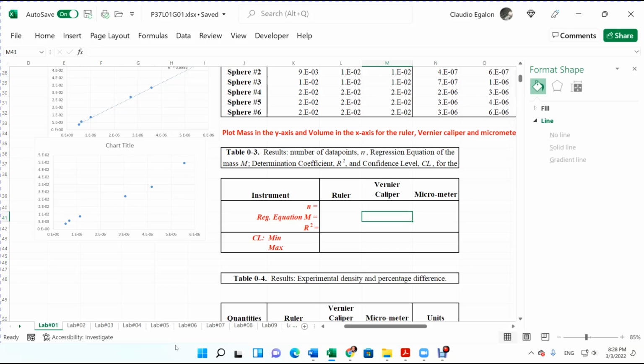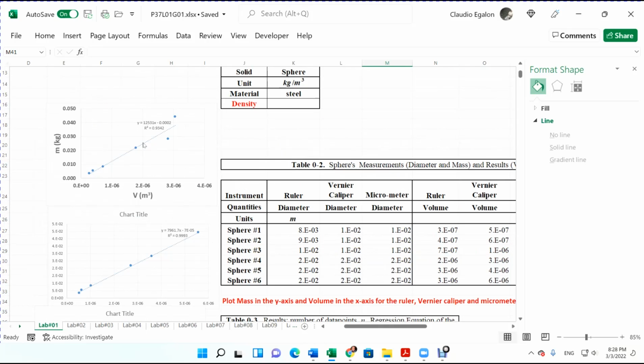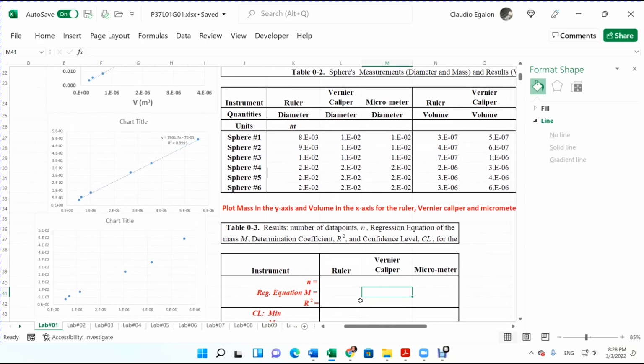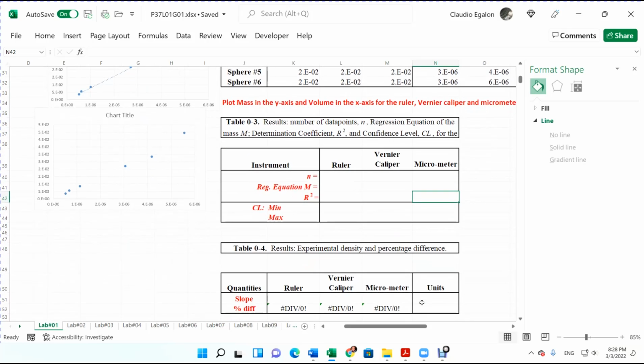And then write down the R square for each of those graphs. I covered all of that. And then what else do you do? You log the slope: the slope for the ruler, the slope for the vernier caliper, the slope for the micrometer. Go ahead, do that now.